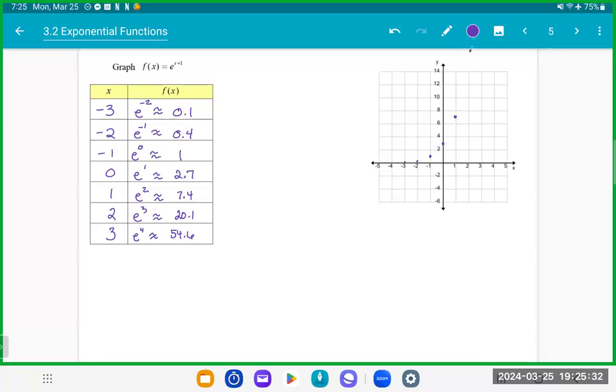It's somewhere way up here. We don't even have it on our graph. So we'll just do something like that. And that's what that graph would look like. Okay, question.